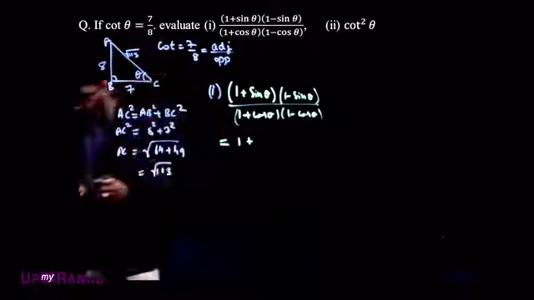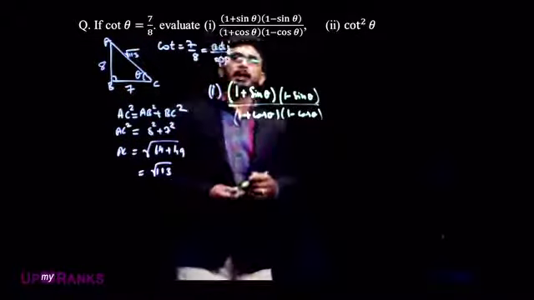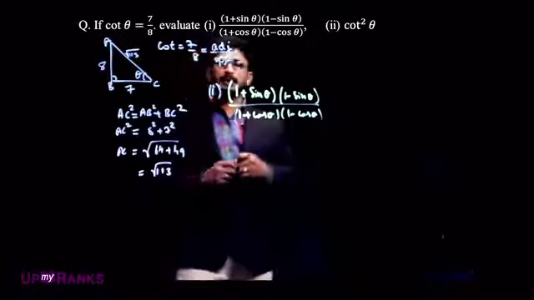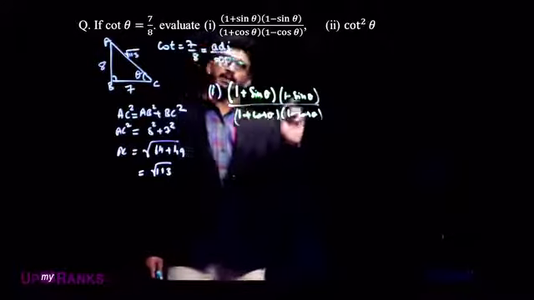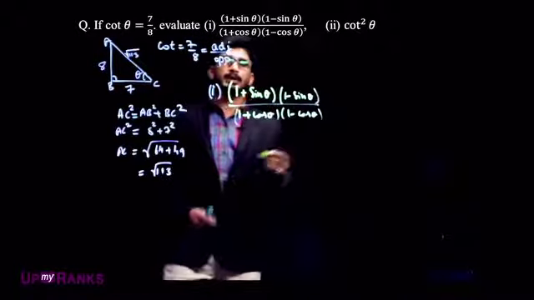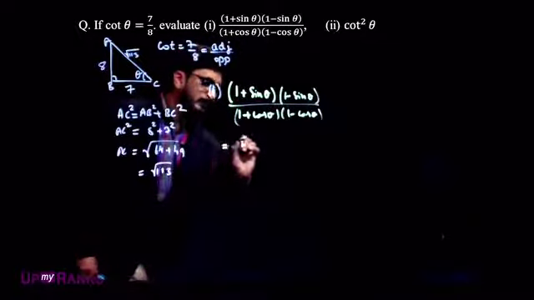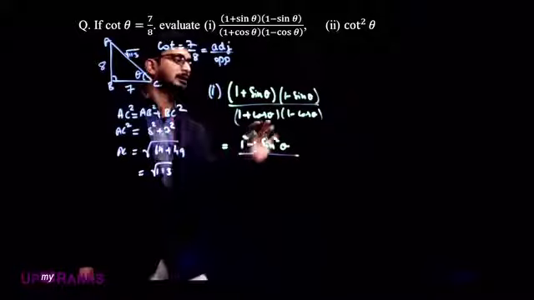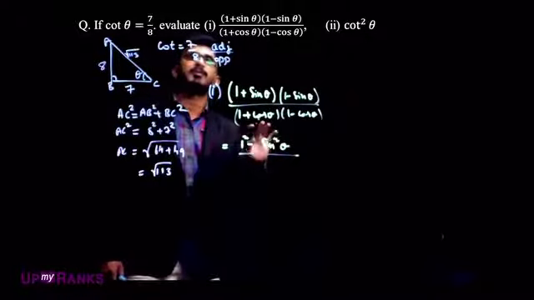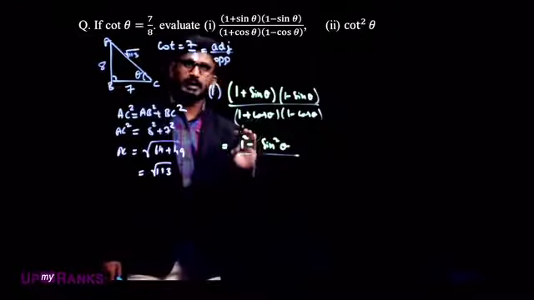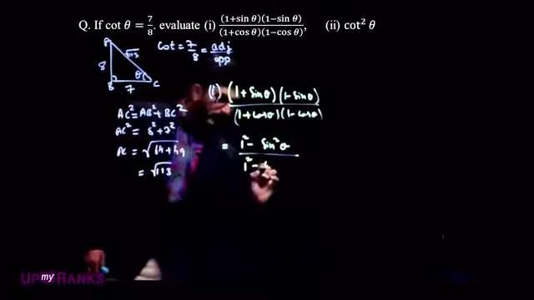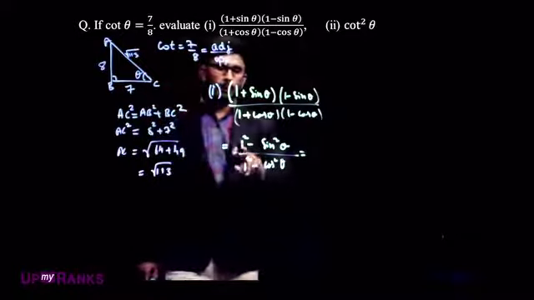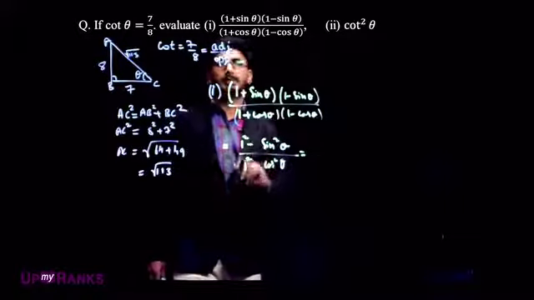Children, before that you can analyze the equation: instead of directly substituting, which becomes very lengthy, we can do it like this. A plus b into a minus b is nothing but a square minus b square. So I can write this as 1 square minus sine square theta divided by 1 plus cos theta into 1 minus cos theta. Again it is in the form of a plus b into a minus b, which is a square minus b square, 1 square minus cos square theta.